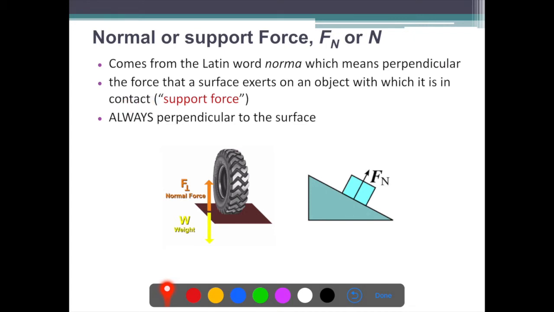And that's why normal force is sometimes called the support force, because it's the kind of force that's provided by a surface that is supporting an object. So note here the keyword, there should be a surface, and that surface should be in contact with the object in order for you to have a support force.